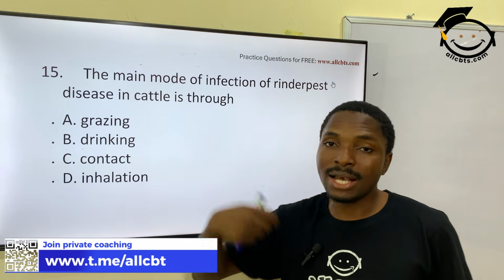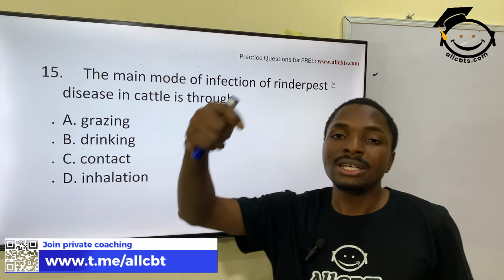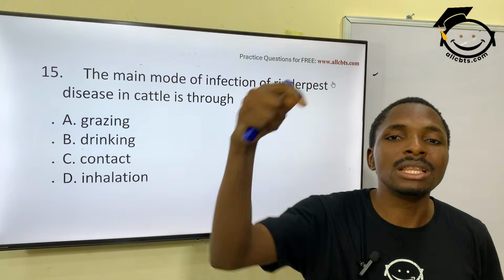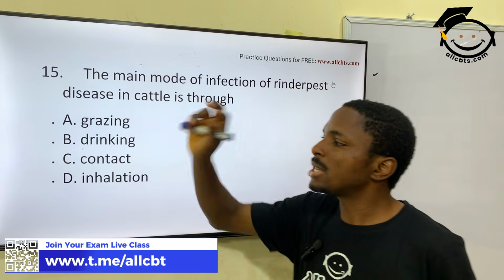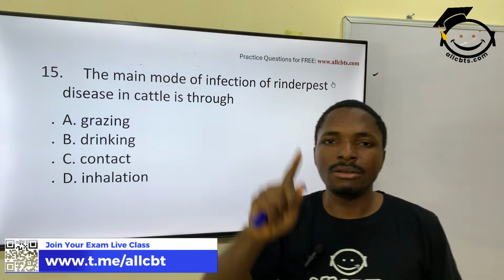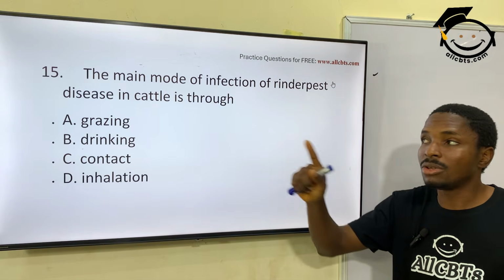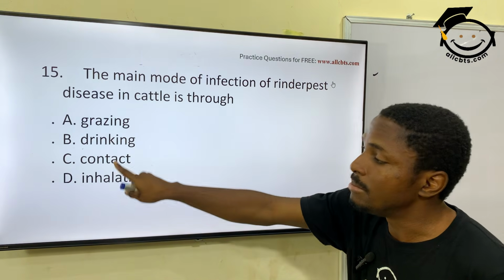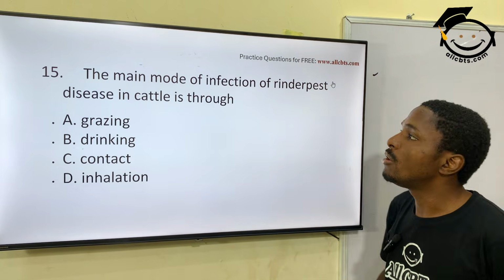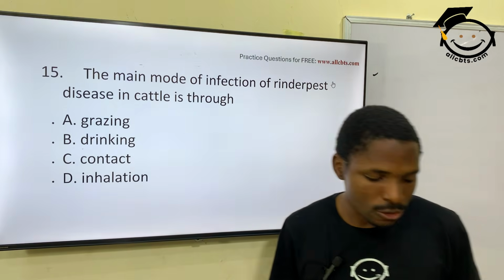Whenever the animal who has the disease touches the one who doesn't, it has the capacity to immediately infect that one. Others will be secondary, so this will be like primary. That's why we call it the main. Not that others are not there, but it's the main. It's the primary mode of transference of infection.